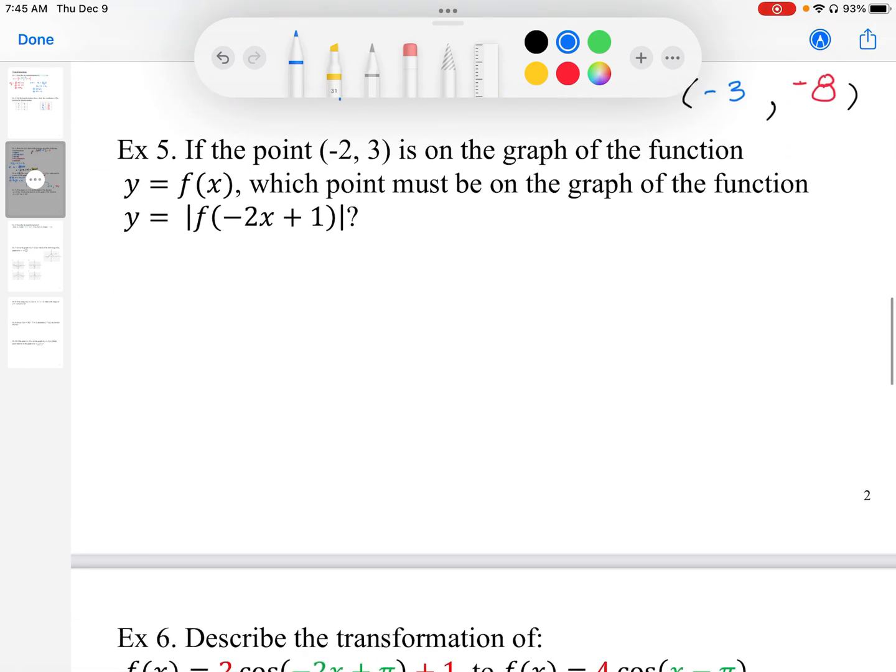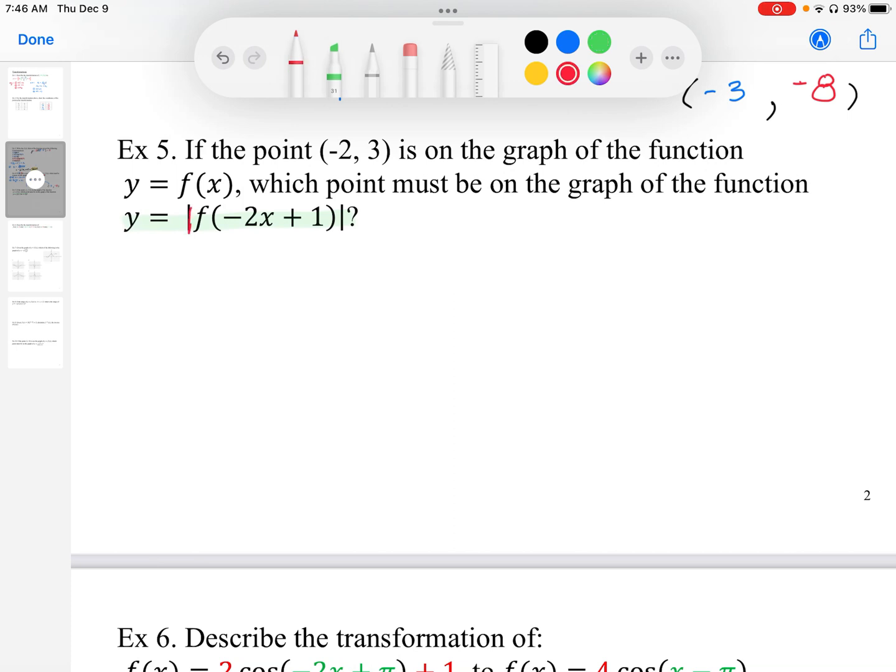So in this case, we're going to do the same thing. We're going to transform this coordinate, and we're going to put that on the new graph here. This one has one transformation on the y, and that is just the absolute value.